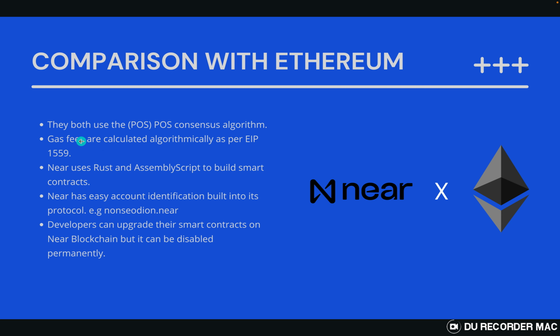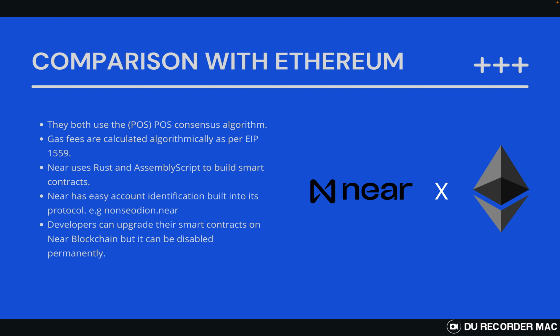So gas fees are calculated algorithmically, as per EIP 1559. On NEAR, gas fees are calculated algorithmically. On Ethereum, gas fees are also calculated algorithmically, right?